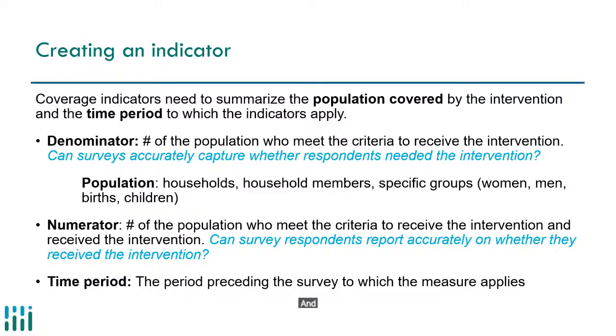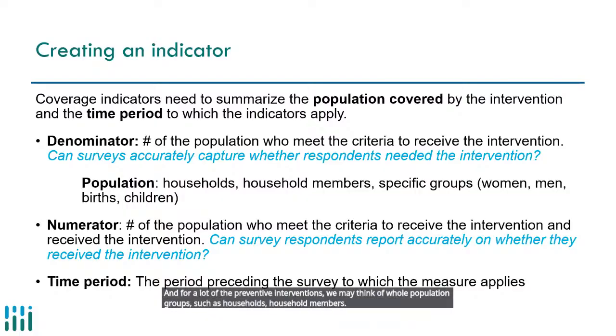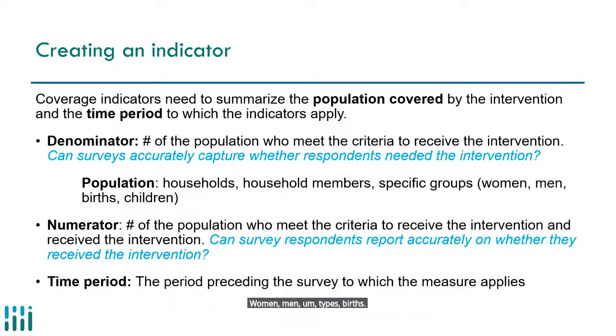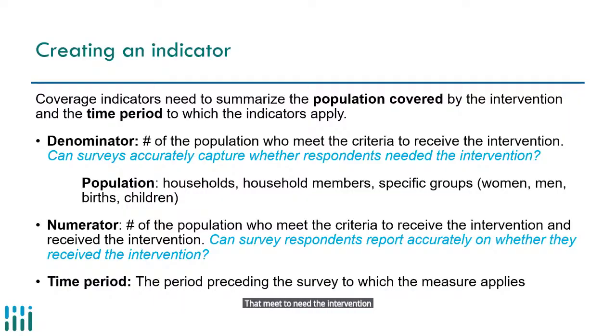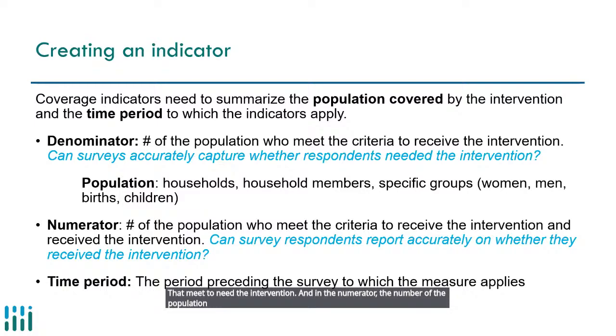For a lot of the preventive interventions, we may think of whole population groups, such as household members, or specific population groups, such as women, men, types of births, children by certain age groups that need the intervention. But as we get to the treatment interventions, they may have a more narrowed denominator, considering who are those individuals that need the intervention.